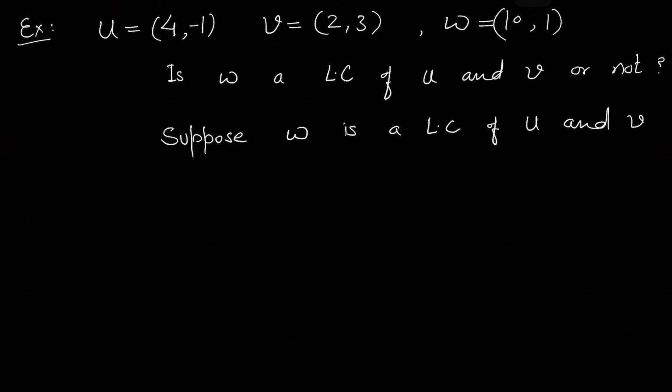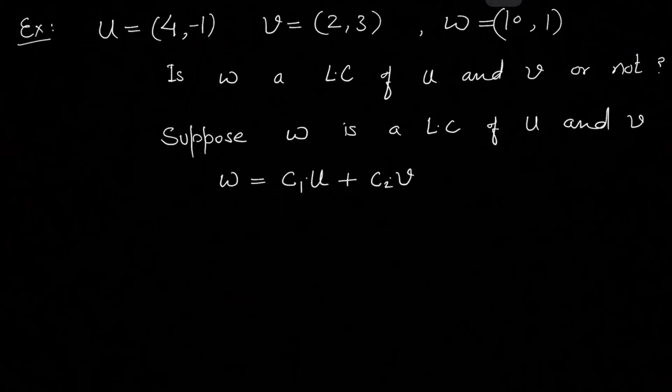It means you can find some scalars c1 and c2 such that w can be written as the linear combination of the vectors u and v. That means if we can find the values of c1 and c2, then we can say that this w is the linear combination of u and v. And if we are unable to find the values of c1 and c2 satisfying this equation, then we will say that w is not a linear combination of u and v.